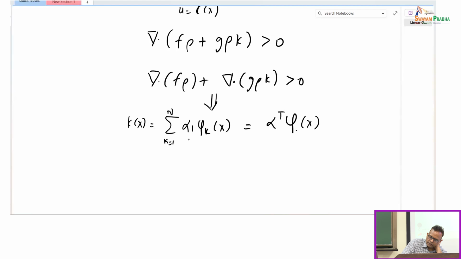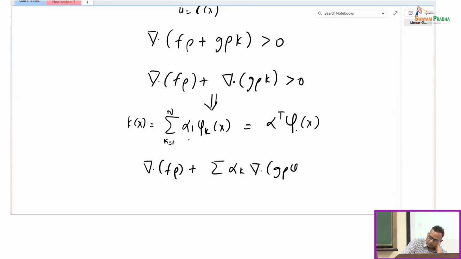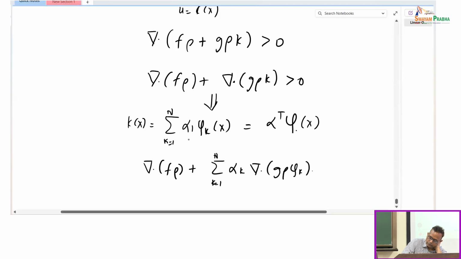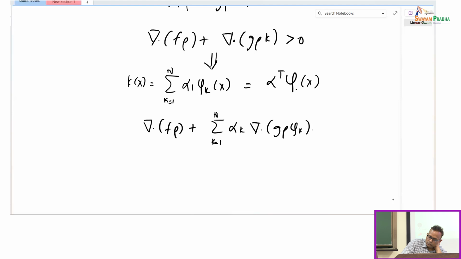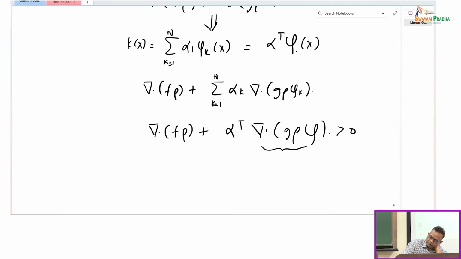Now, if you plug this in here, you get, so now this is basically, I'm just using this notation as a vector notation.